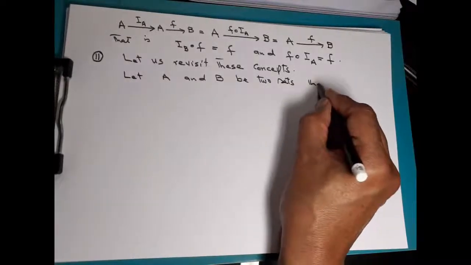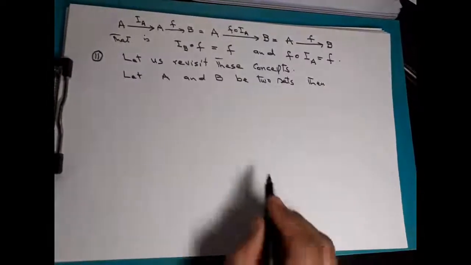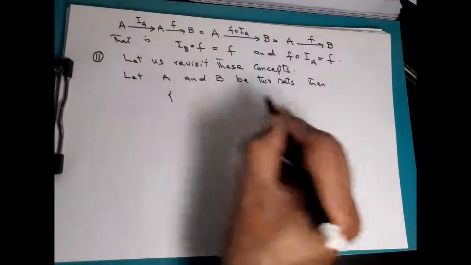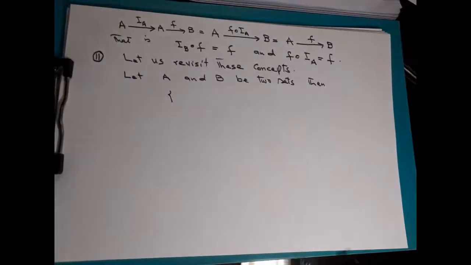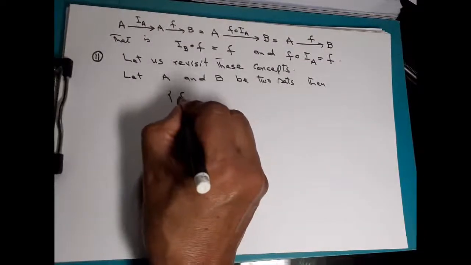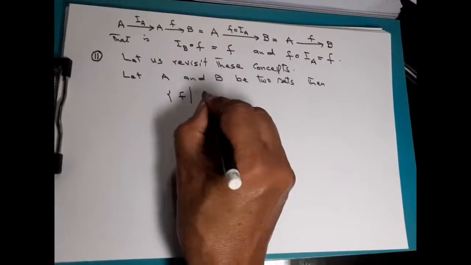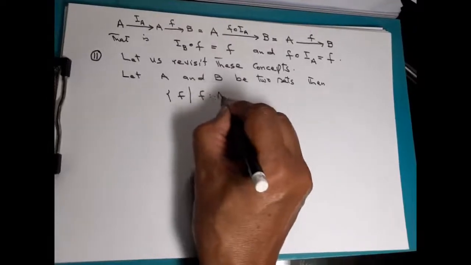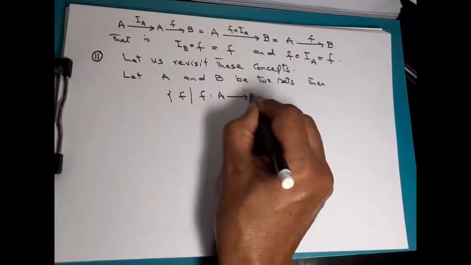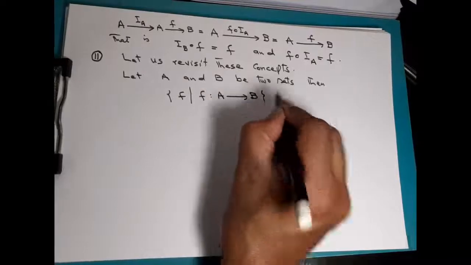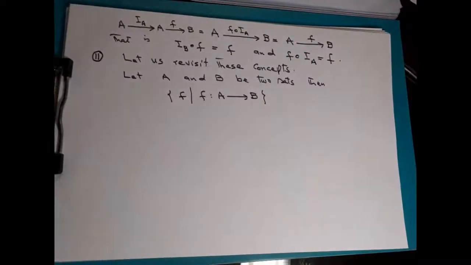Then, in fact, what we are interested in is all those functions which have domain A and codomain B. So in fact, we are interested in the set of all the functions with domain A and codomain B. This set may contain only one function, sometimes it may be empty.